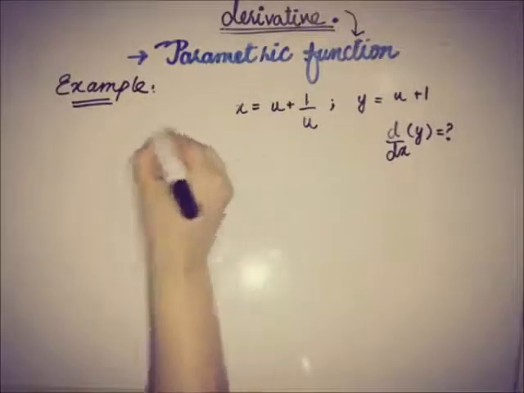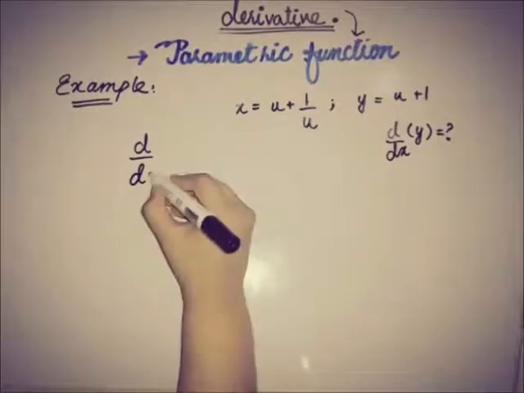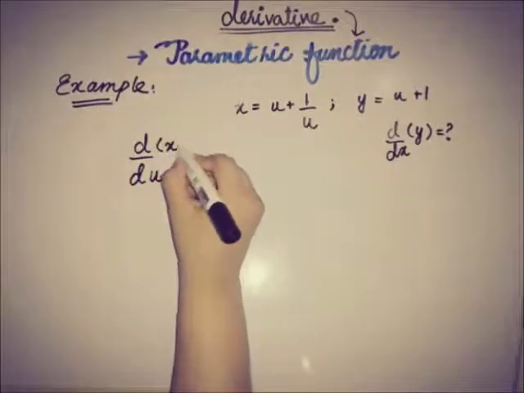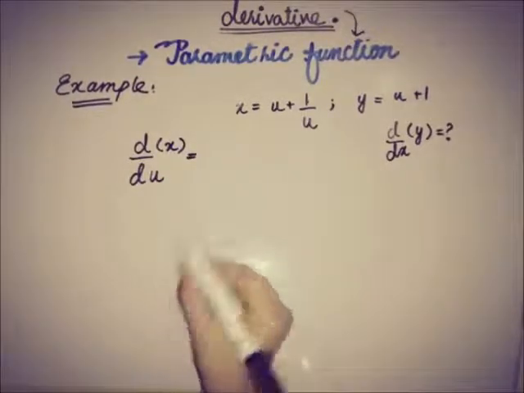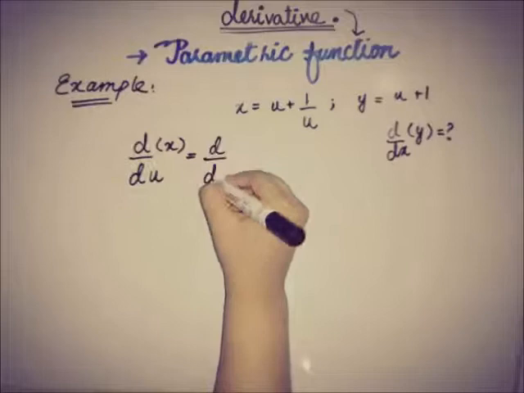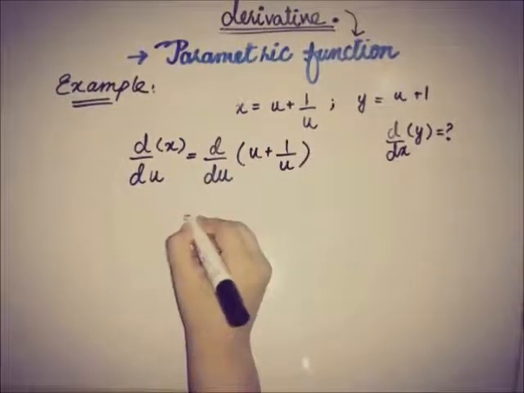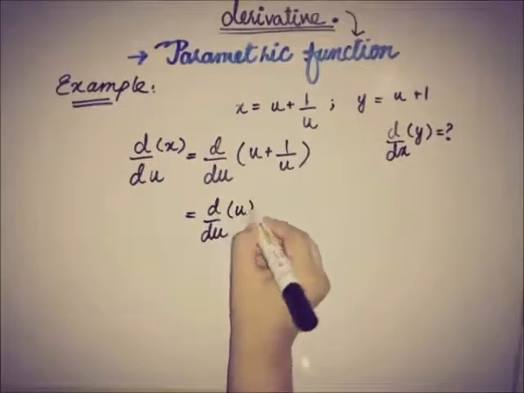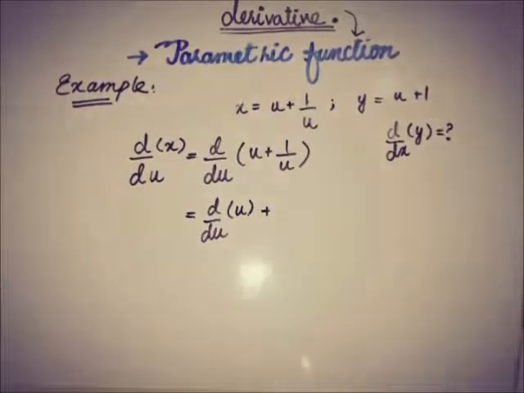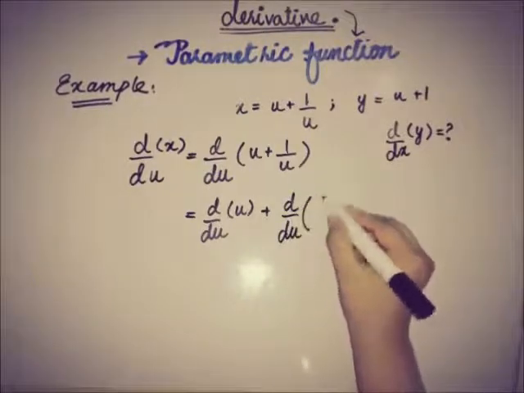We just have to find the rate of change of x with respect to u, because u is an independent variable, u is a parameter. So finding the rate of change, d by du of u plus 1 over u is equal to d by du of u plus d by du of 1 by u.